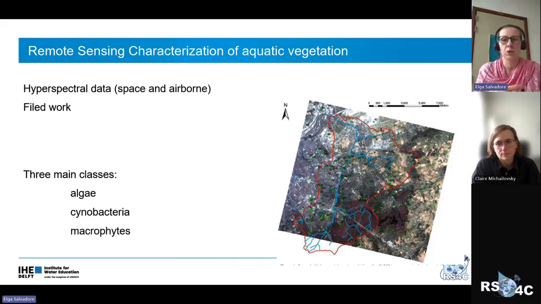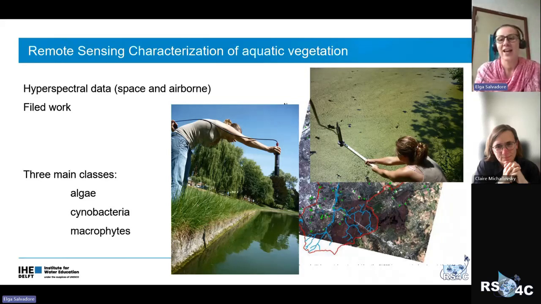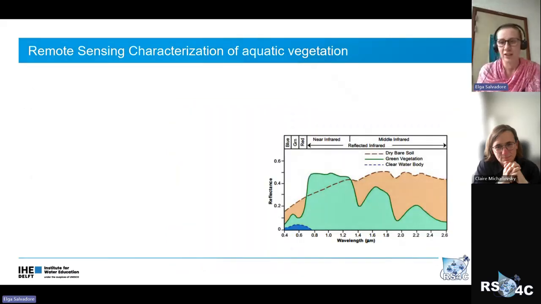And then the idea was we were trying to differentiate between ponds and lakes with algae, with cyanobacteria, and with macrophytes. For that, I did a lot of remote sensing, but in the field, so in situ remote sensing measurements with different sensors. And I created reflectance curves.